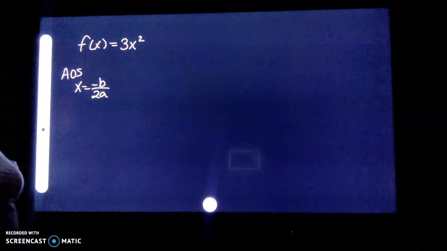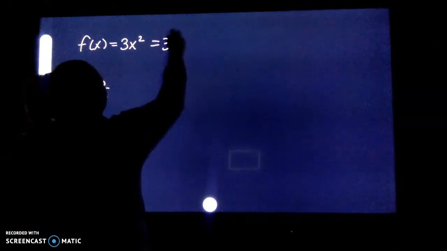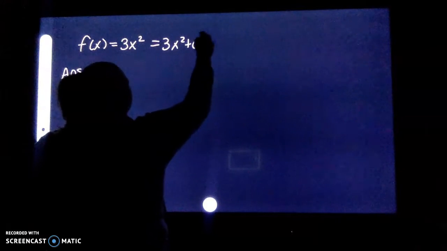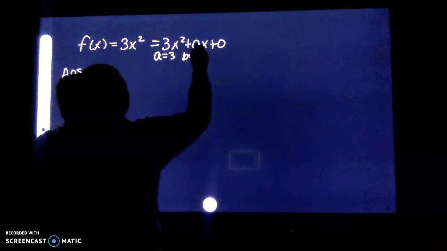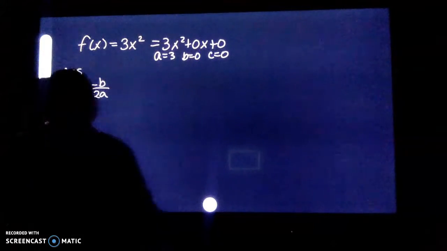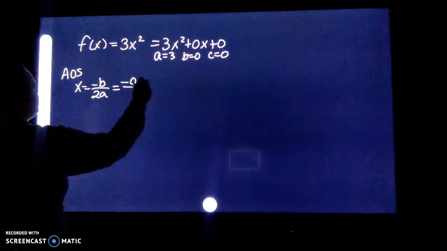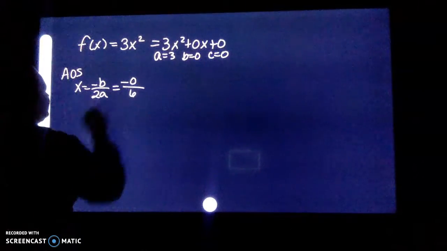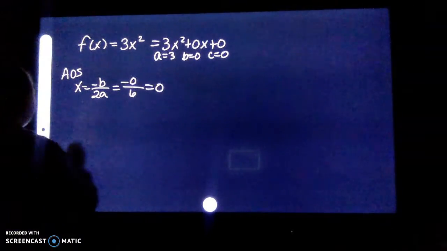In this quadratic, I don't have a b term and I don't have a c term. So I could have rewritten this as 3x squared plus 0x plus 0, where a is 3, b is 0, and c is 0. That's okay, that happens. So I can just go ahead and plug it in. I get negative 0 over 2 times 3, which is 6. Well, 0 divided by 6 is still going to be 0.